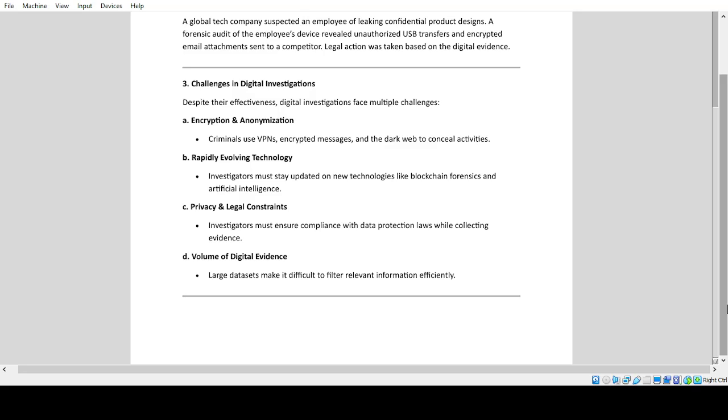Investigators must stay updated on new technologies like blockchain forensics and artificial intelligence. C. Privacy and legal constraints. Investigators must ensure compliance with data protection laws while collecting evidence. D. Volume of digital evidence. Large datasets make it difficult to filter relevant information efficiently.